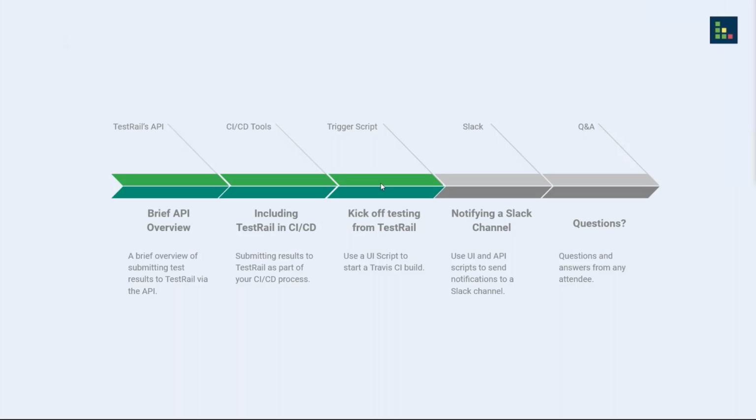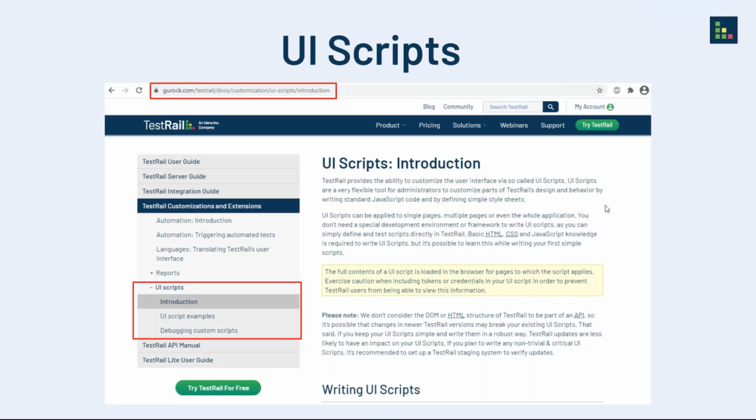To understand more about UI scripts, in the TestRail documentation we do have a UI script section. There are a couple of disclaimers. UI scripts are not something that we treat like an API. So any changes to TestRail's interface over time can break UI scripts if you have them dependent on a certain element or an element location or ID tag.